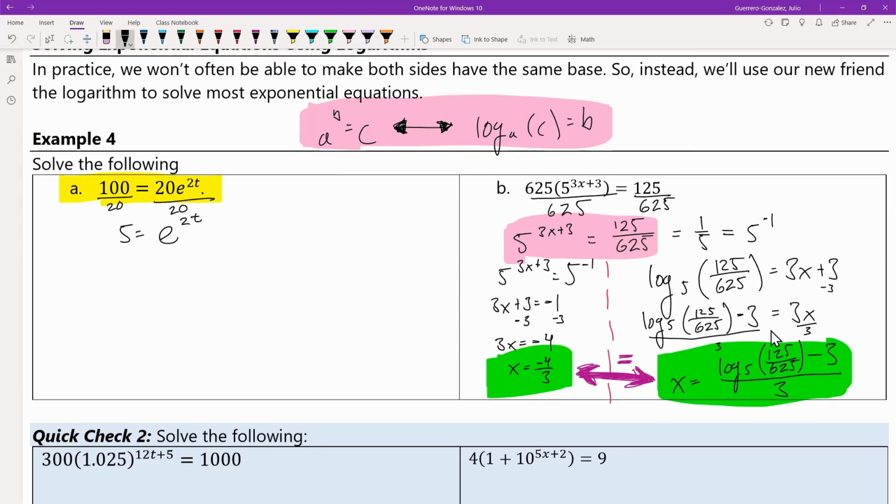So log base e of 5 is equal to 2t. If you need to write this, there's no shame in doing it, okay? What you'll regularly do, after you get used to it and do a couple of examples, is write log base e as ln.